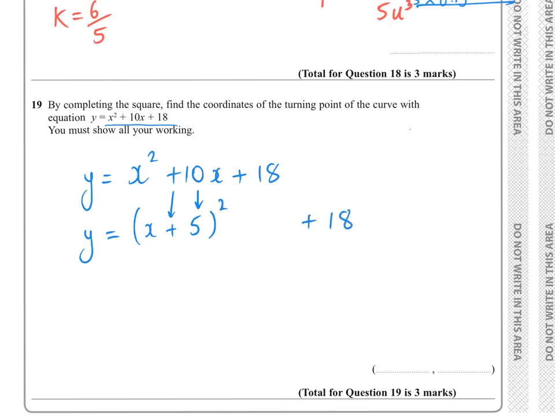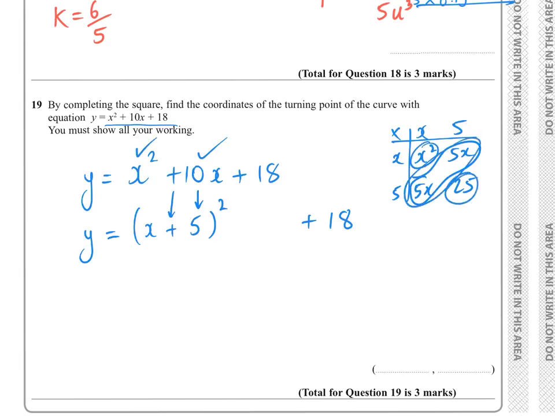Now if we did x plus 5 times by itself, don't forget we'd get x squared, we'd get 25, we'd get 5x here and 5x here, so that would be our 10x as required. So we've got our x squared and our 10x, but we've got a 25 here, and we never had that up here. Okay, forget this 18, we're just adding it at the end.